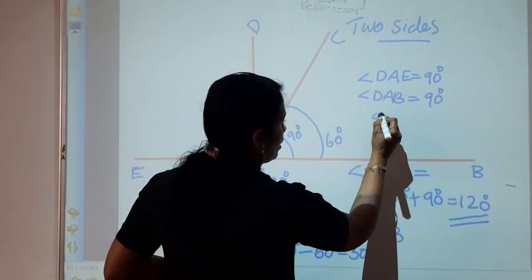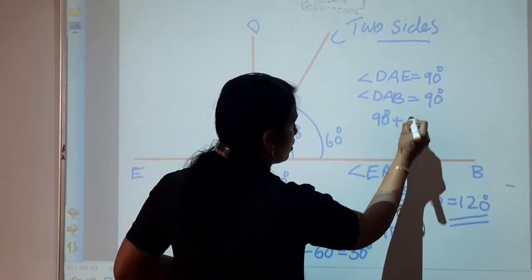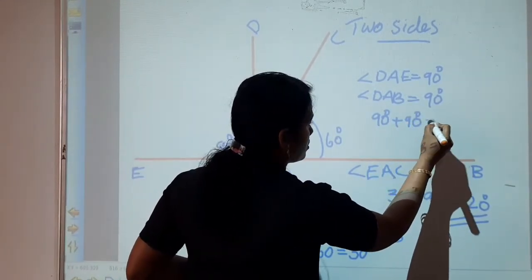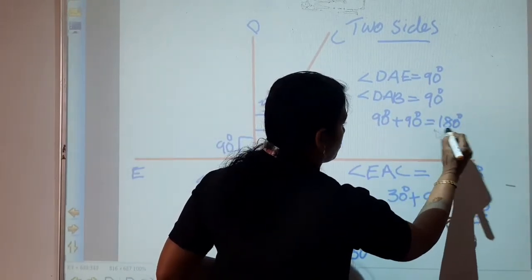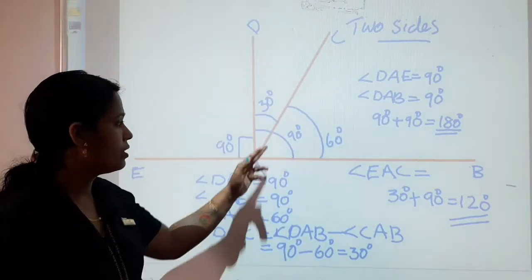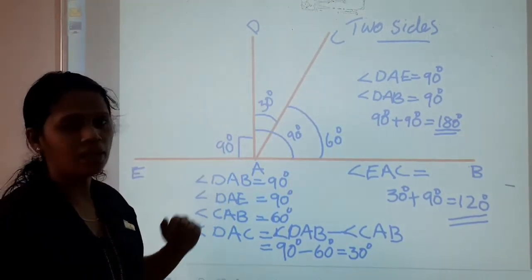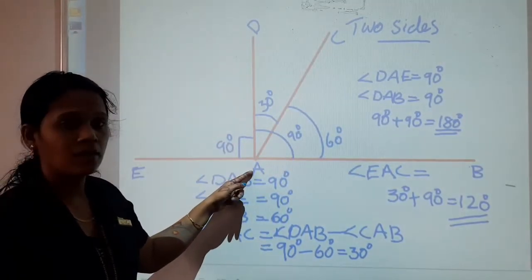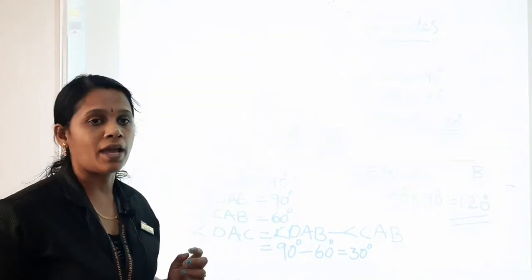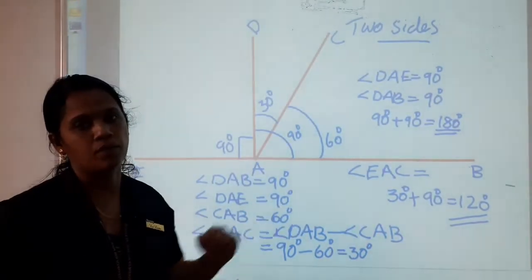So total 90 degree plus 90 degree is equal to 180 degree. Here this is the symbol of 90 degree, means right angle. Okay, here line DA is the perpendicular to the line EB.